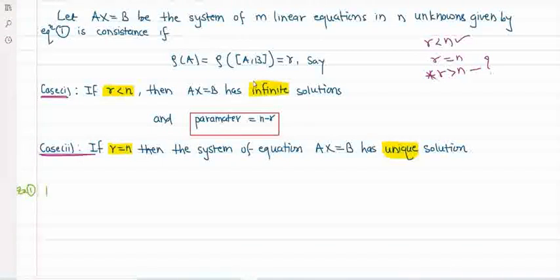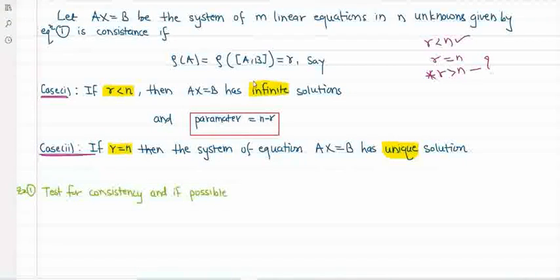Test for consistency. What does that mean? Test for consistency and if possible, solve them. The equations are: first equation is x plus y plus z equal to -3.